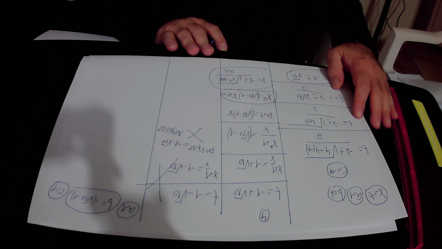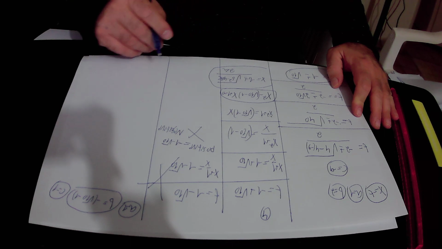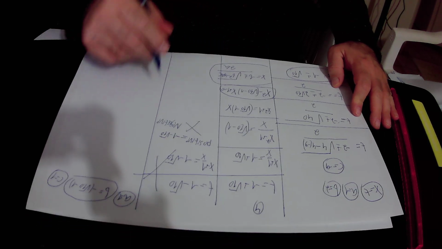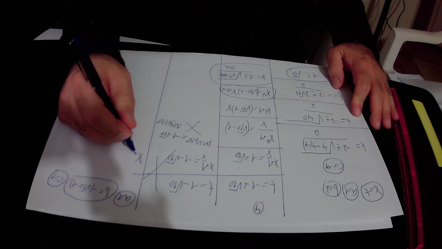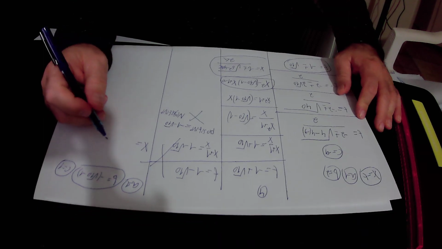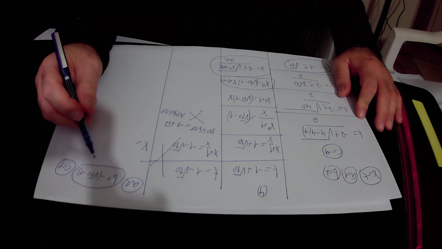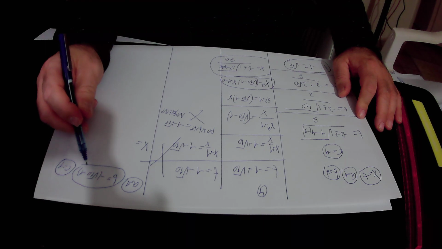So, according to the formula for x, we will get that x equals minus b, plus minus the square root of b squared. b equals minus the square root of 10 minus 1.